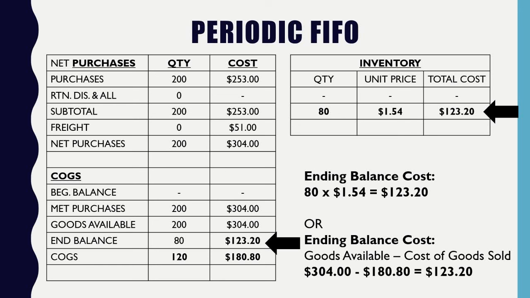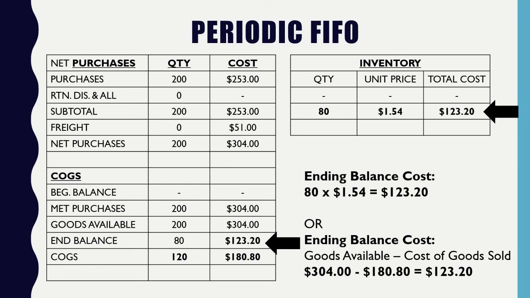And we found out that it cost me 180.80. And now to find ending inventory, it's going to be your goods available, subtract your cost of goods sold.